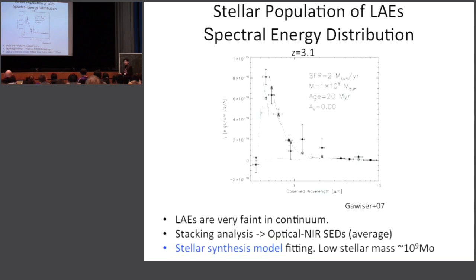They are very faint, so Eric Gawiser stacked the data to get this average SED, then applied a stellar synthesis model, and found that the stellar mass of the Lyman-alpha emitters is as low as 10^9 solar mass.